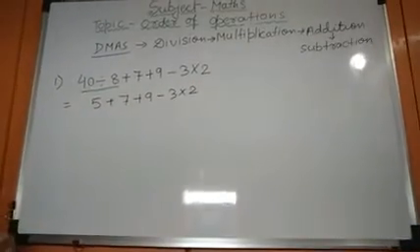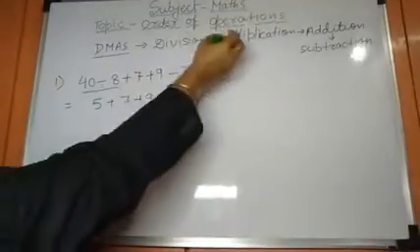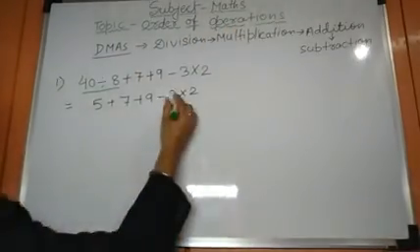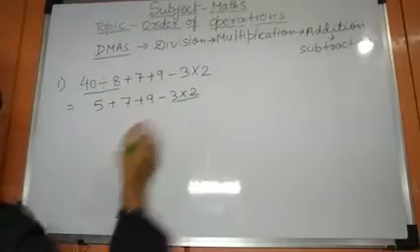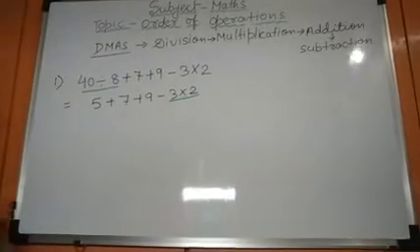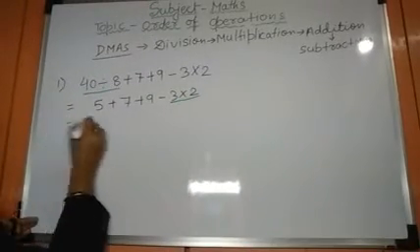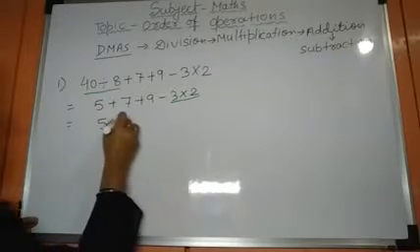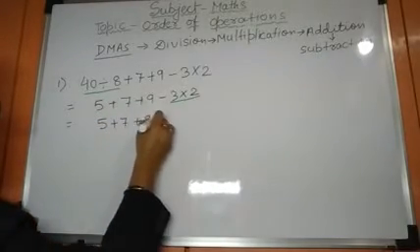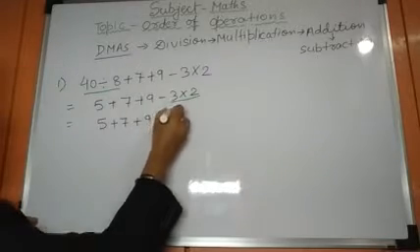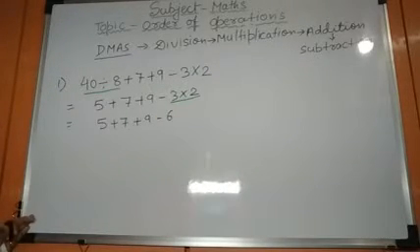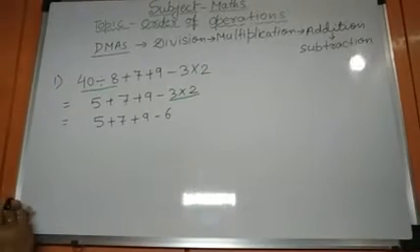Now you can see that after division, multiplication work is there. So now we will do the work of multiplication. Here remaining will be as it is, 5 plus 7 plus 9 minus 3 multiplied by 2, that is 6. Now we will do the work of addition.